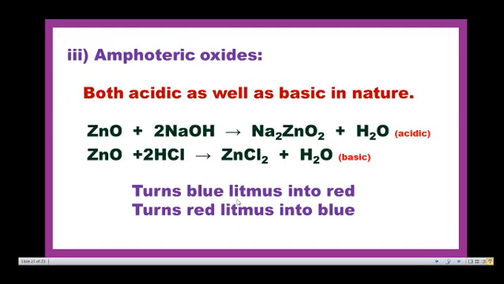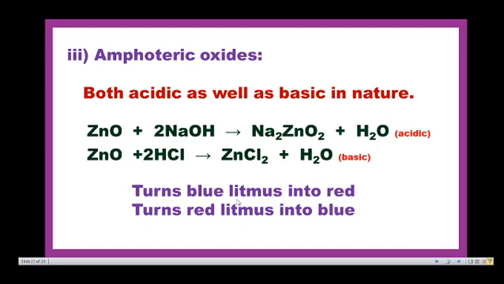What are amphoteric oxides? They behave as both acidic as well as basic in nature. For example, zinc oxide is an amphoteric oxide because when it reacts with a base, it is acidic in nature, and when it reacts with an acid, it is basic in nature. So they are tested with litmus paper. When zinc oxide reacts with a base, sodium hydroxide, it produces sodium zincate.